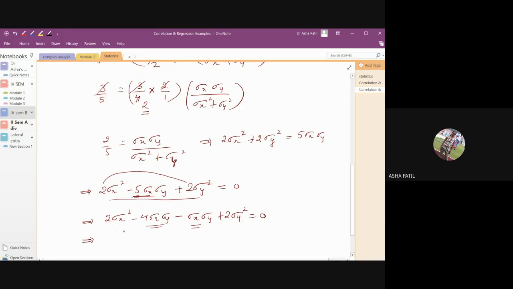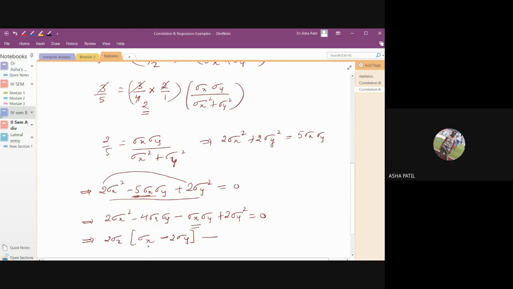What is common in the first two terms? 2 sigma x. After taking 2 sigma x common, we are remained with sigma x minus 2 sigma y. Now from the next two terms, what will you take common?